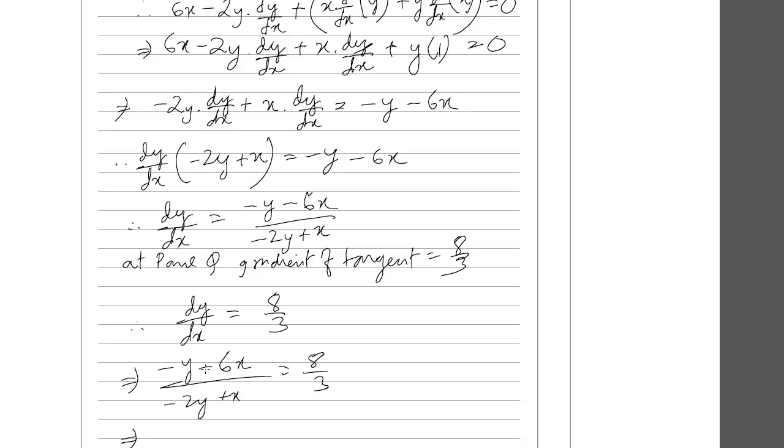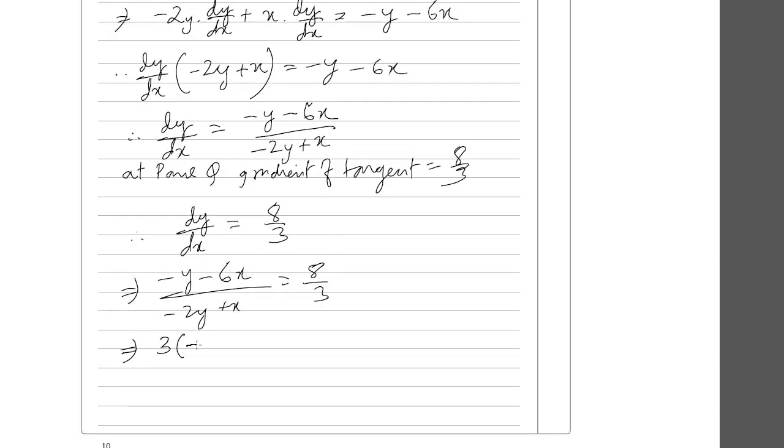So 3 into minus y minus 6x equals 8 into minus 2y plus x. So this would be minus 18x minus 3y equals minus 16y plus 8x.